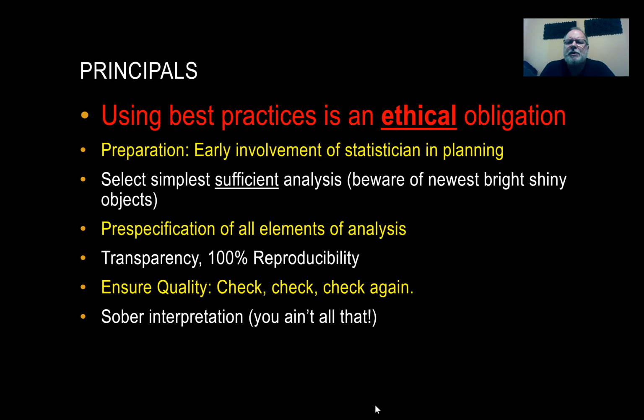Also nowadays, there's a huge emphasis on the pre-specification of all the elements in your analysis. We want to have everything written in a document: here's exactly what I'm going to do. And I'll show you a few slides from now some of the ramifications of that.